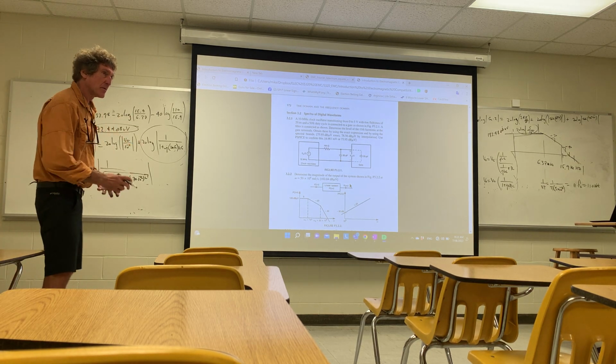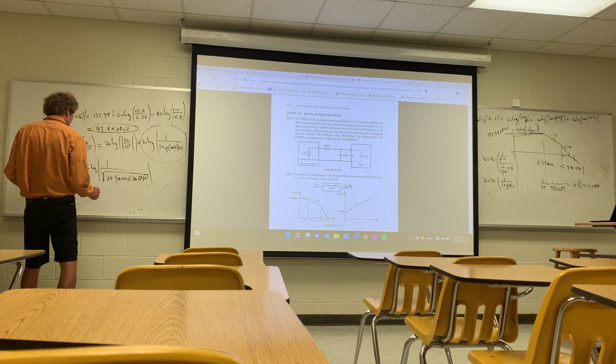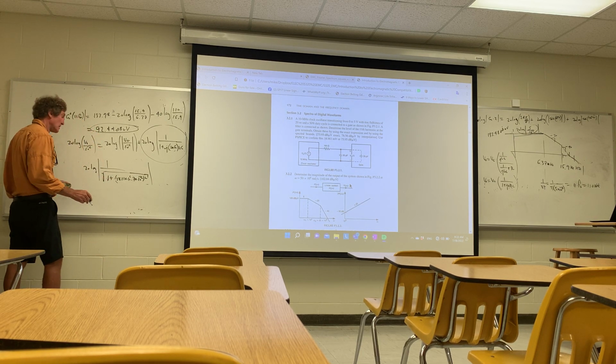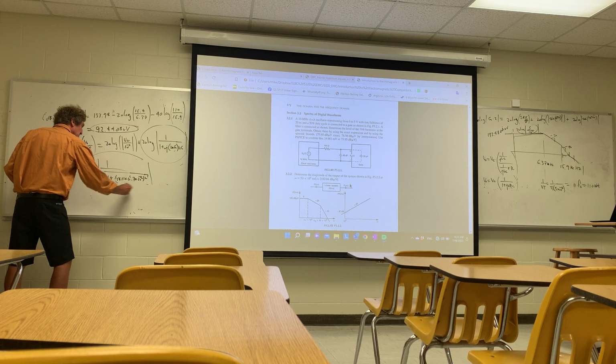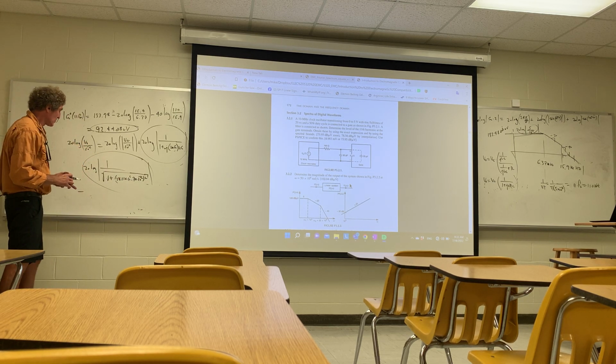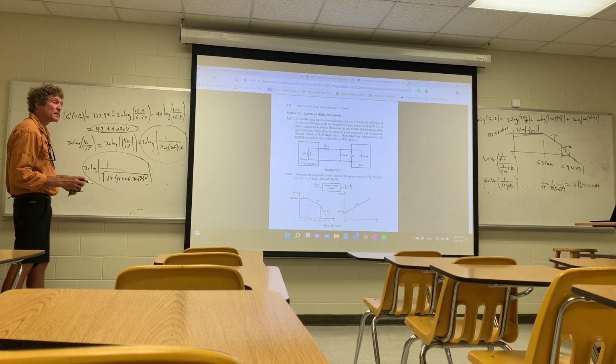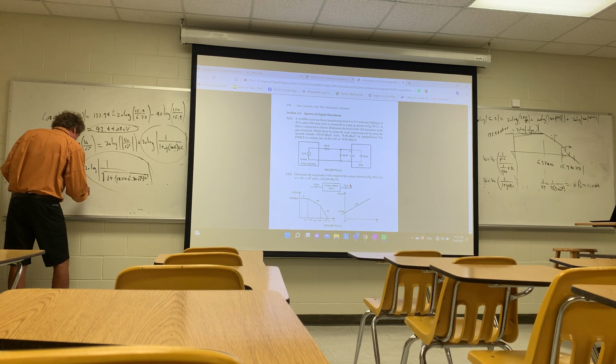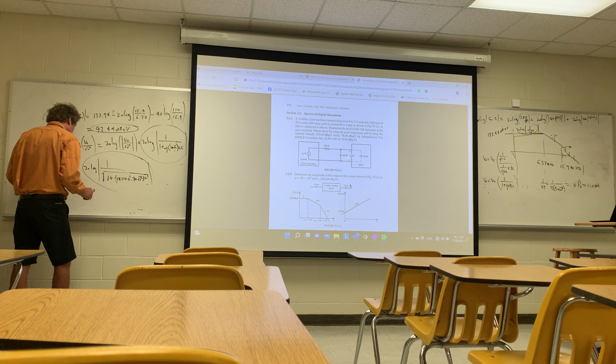Negative 0.010. For the whole thing? This whole thing is minus, yeah, that's what I got. Negative 0.010. Yeah, that's what they got too.